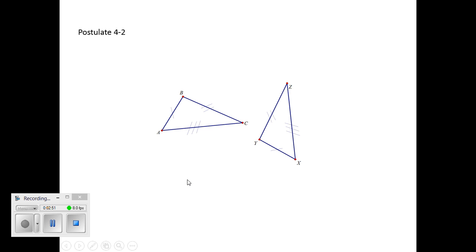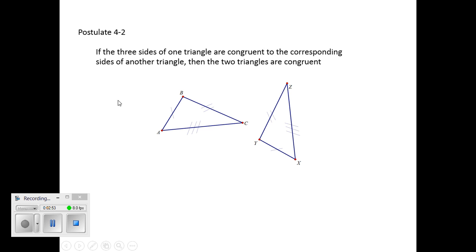Now, postulate 4.2 says if the three sides of one triangle are congruent to the corresponding sides of another triangle, the two triangles are congruent. You don't have to go through the angles. If you could just show that the sides are congruent, you've got it done. That's simple enough. Okay.